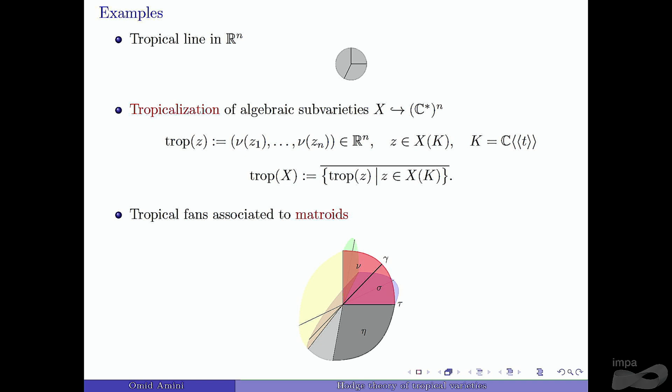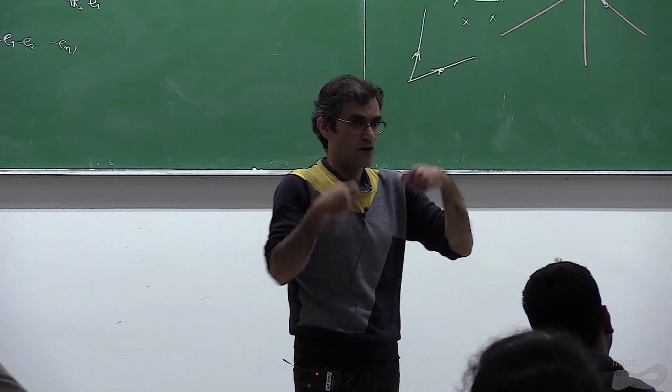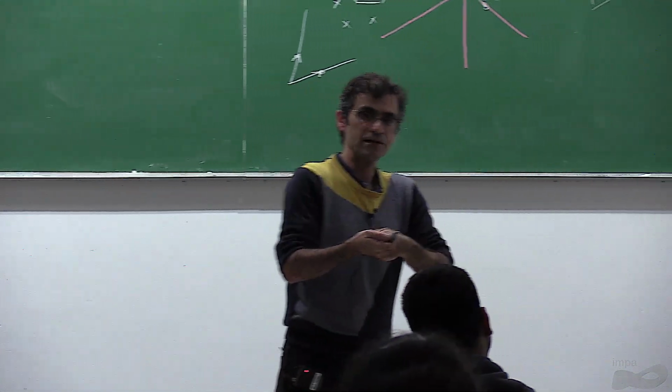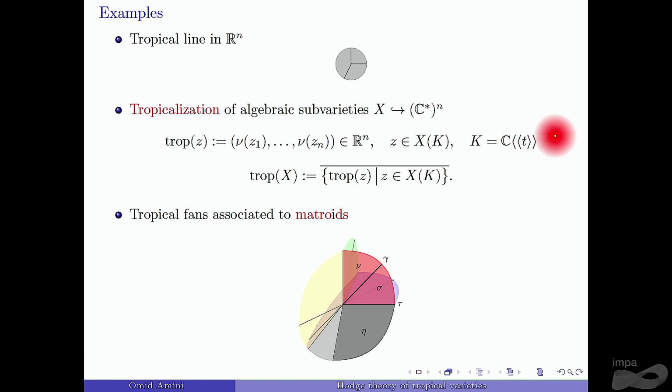The second source of tropical fans comes from tropicalizations of algebraic varieties. So what is the tropicalization of an algebraic variety? You take X, a subvariety of (C star)^n, given by a finite system of polynomial equations, each a Laurent polynomial in n variables. Classically, you are interested in finding complex-valued solutions to that system.